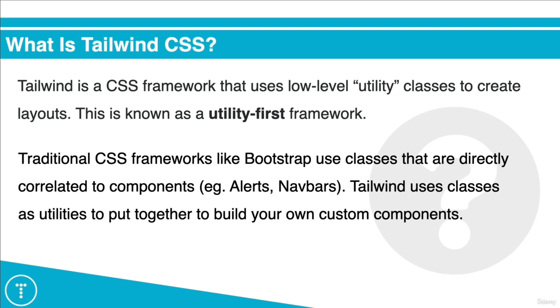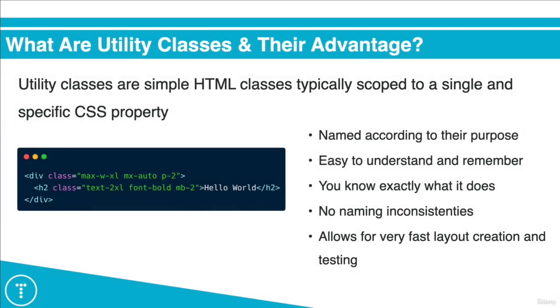You decide what an alert looks like with the utilities that you're given. So to be more specific, utility classes are simple HTML classes typically scoped to a single and specific CSS property. Whereas with something like Bootstrap, you could have a class that represents a dozen or more different CSS properties.